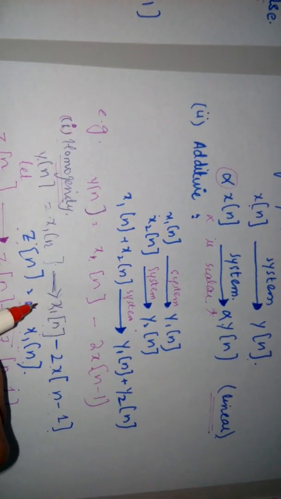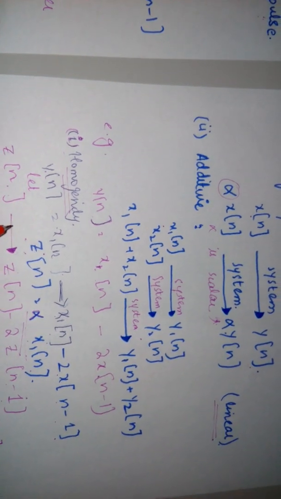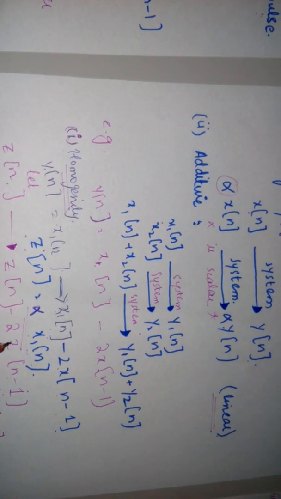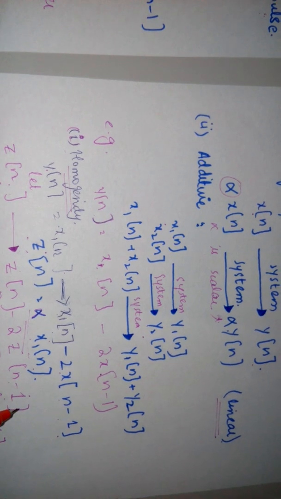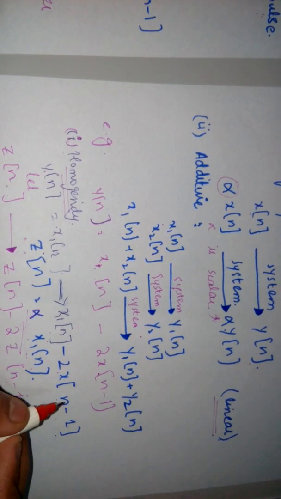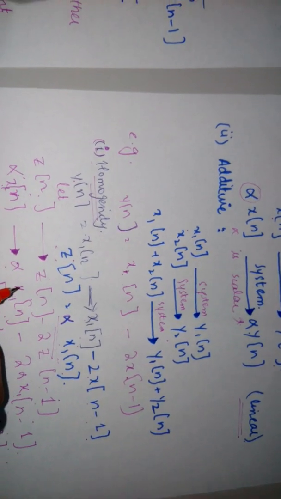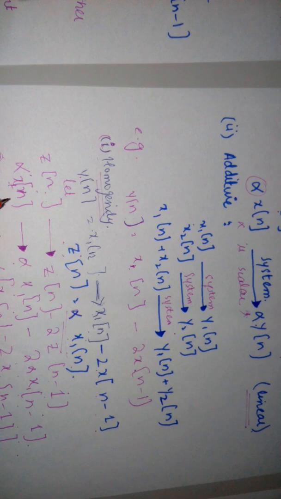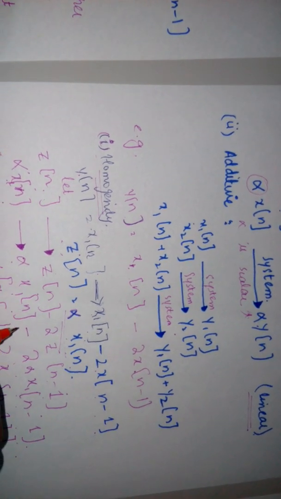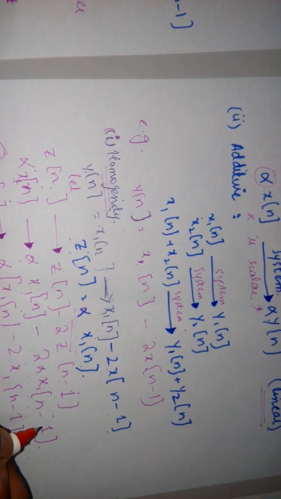Now substitute z of n in the main equation, which gives y of n equal to z of n minus 2 of z of n minus 1. When I substitute the value of z of n, that is alpha of x1 of n, into this equation, it gives alpha of x1 of n minus 2 of alpha of x1 of n minus 1.